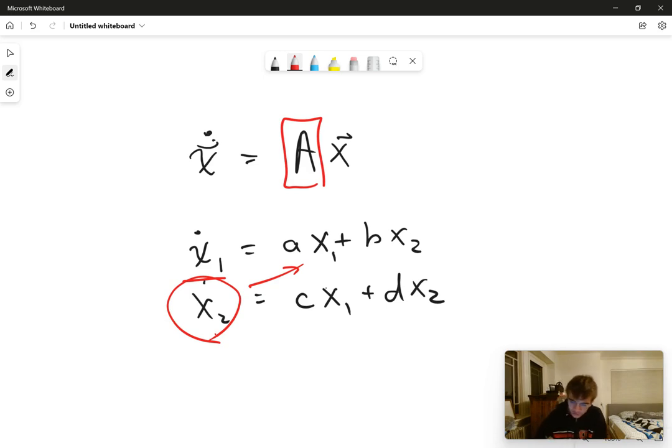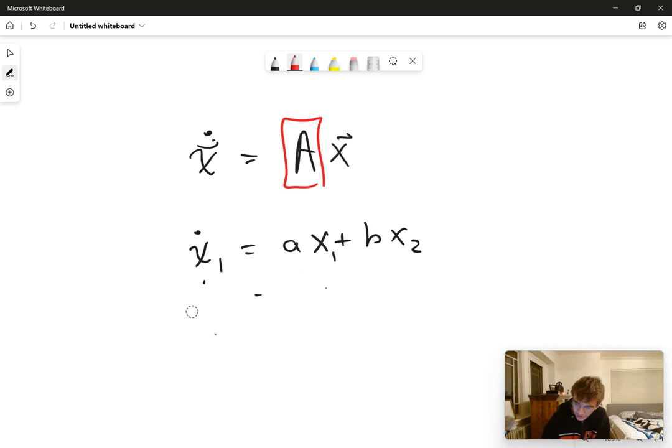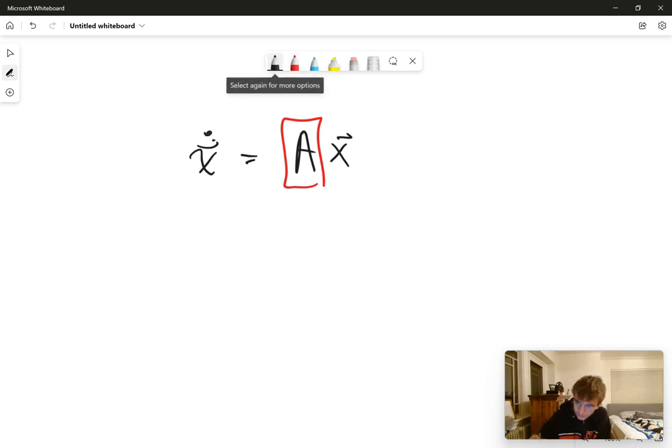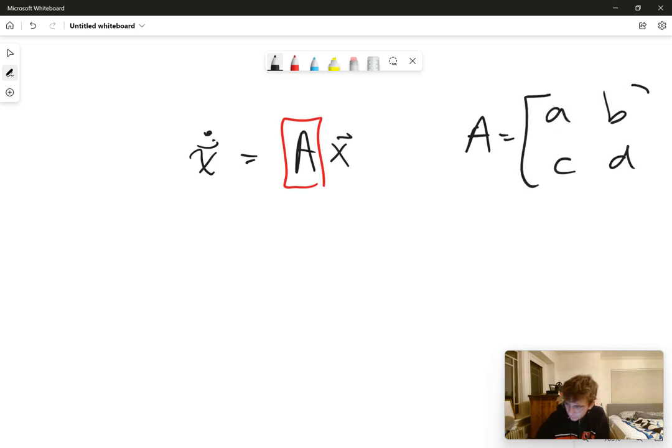And so to solve this system, okay, I'm going to write it as x dot is equal to capital A x, where A is a matrix, okay? What we want to look for is essentially we're going to look for eigenvalues of this matrix and then solutions. Of course, eigenvalues satisfy that Ax is equal to lambda x, okay?